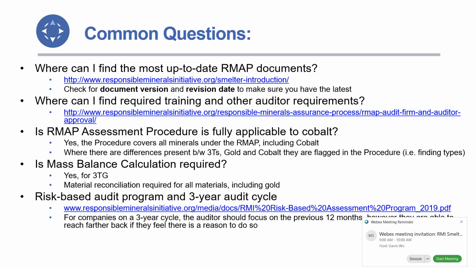It is possible that, especially during the first audit for a facility conducted under the revised RMAP standard, this facility misidentified its high-risk transactions as low risk, leading to the auditor or RMI planning for fewer days on site and utilizing a low-risk sampling plan.